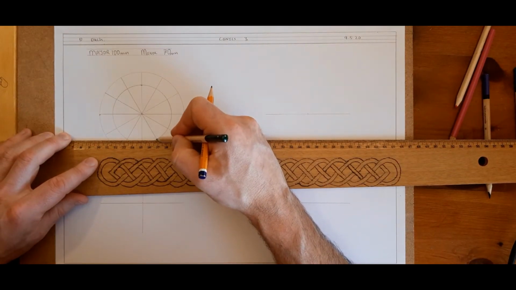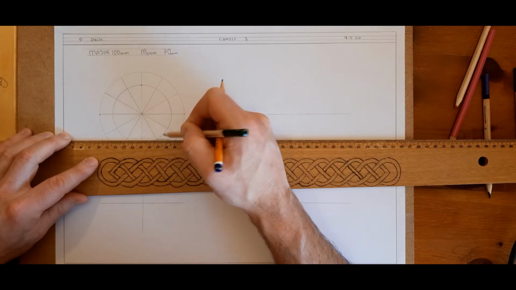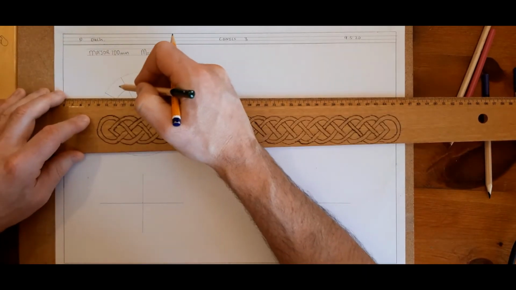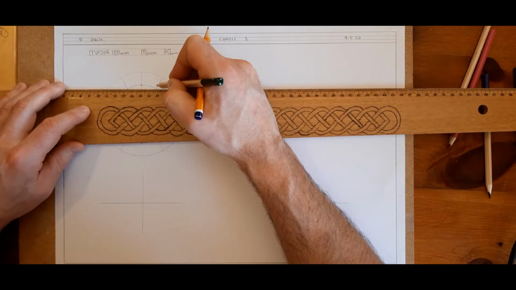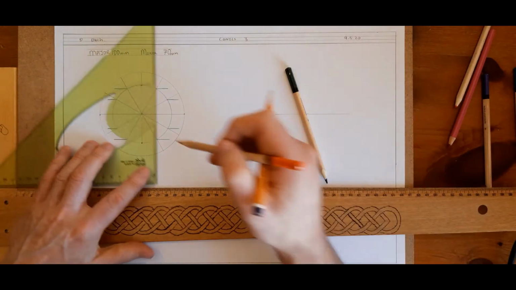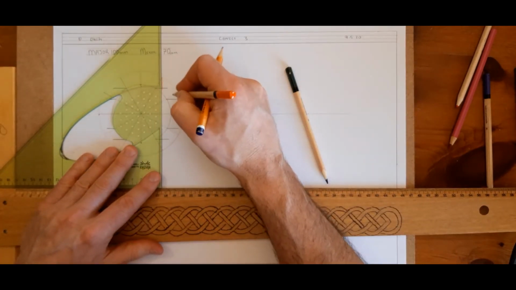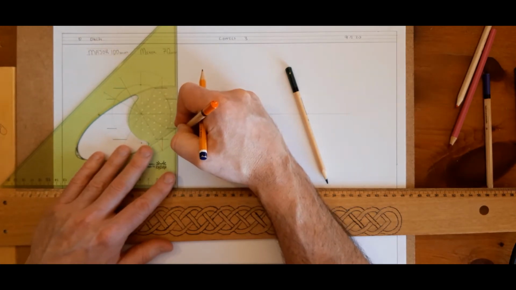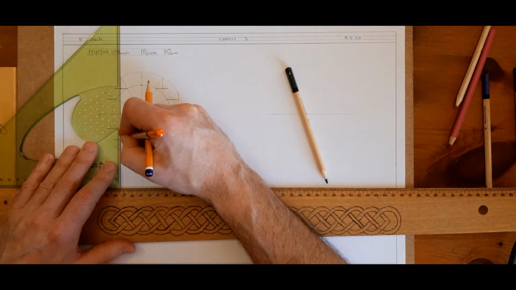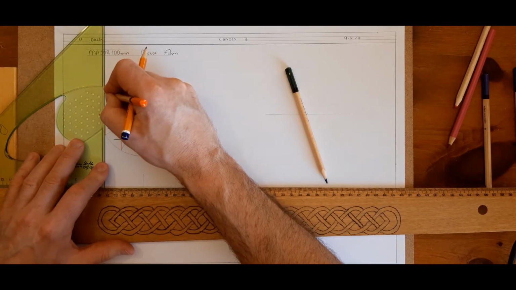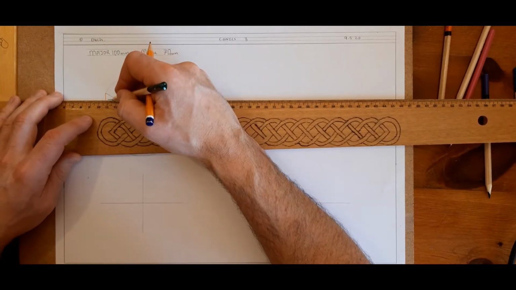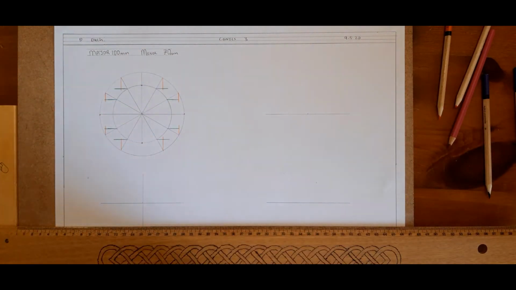So where the dividing lines hit the minor circle, we'll do these little horizontal lines. And where the dividing lines hit the major circle, we'll do these vertical lines. And now we have our 8 other points.